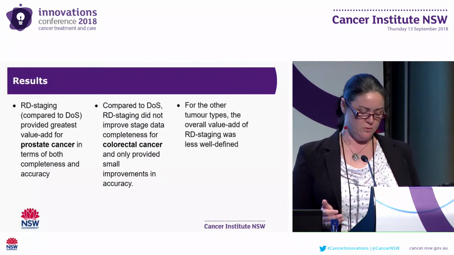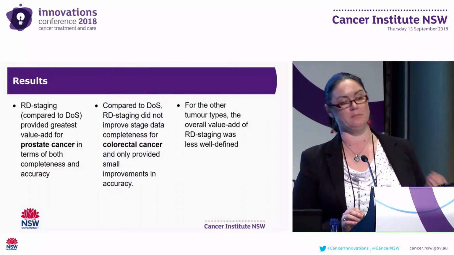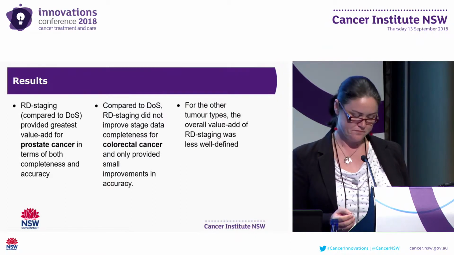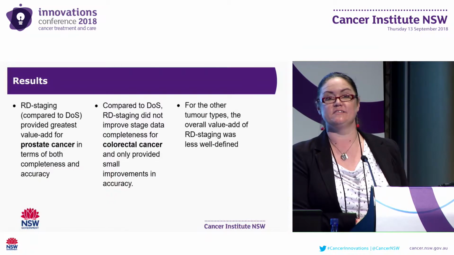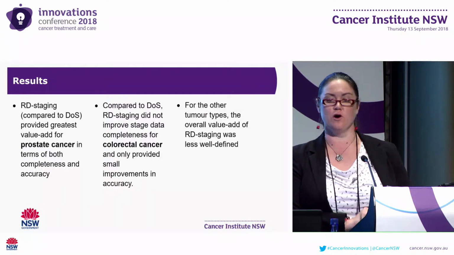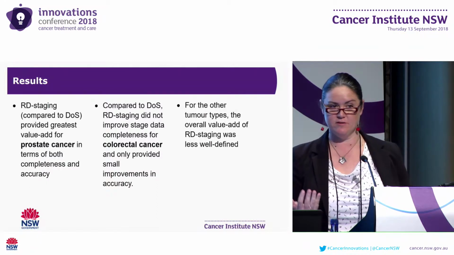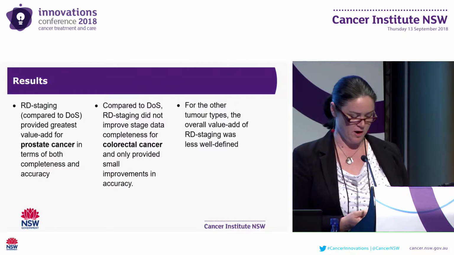The conclusions were that registry-derived staging definitely improved the completeness and also the accuracy for prostate cancer. Degree of spread aligned almost exactly to registry-derived stage for colorectal cancer, and so for the amount of effort in collecting registry-derived stage, there wasn't a huge advantage over degree of spread.